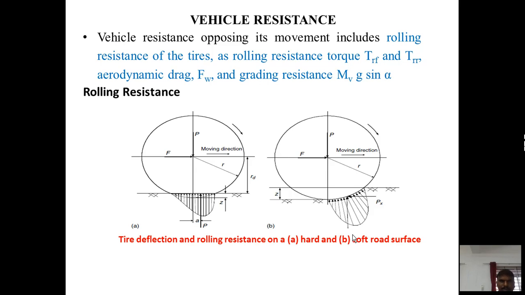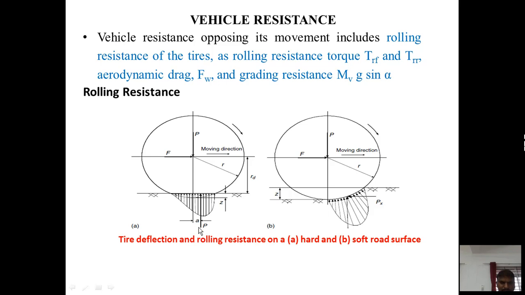Now, vehicle resistance opposing its movement includes the rolling resistance of the tires as rolling resistance torque T suffix Rf and T suffix Rr, aerodynamic drag F suffix W, and grading resistance M suffix V g sin alpha.